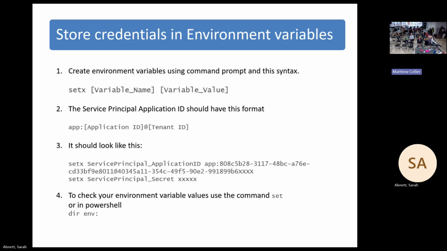So you can turn your machine on and off, and the environment variable carries on persisting after. One thing to note is that the application ID has to have this format of app: application ID, tenant ID. I've given a little bit of code of how you do it in command prompt, and this is how you check your environment variables using commands.